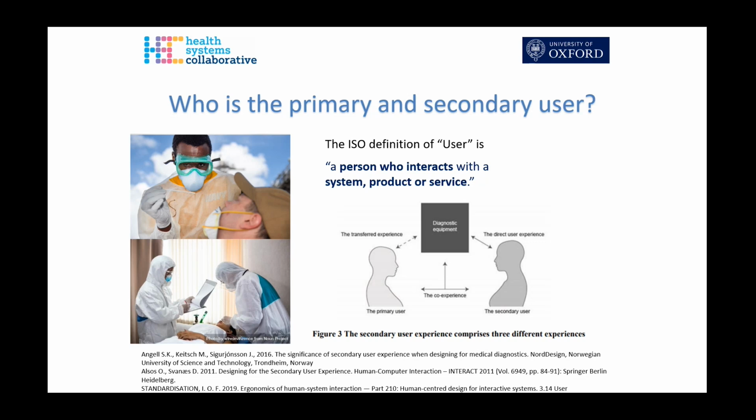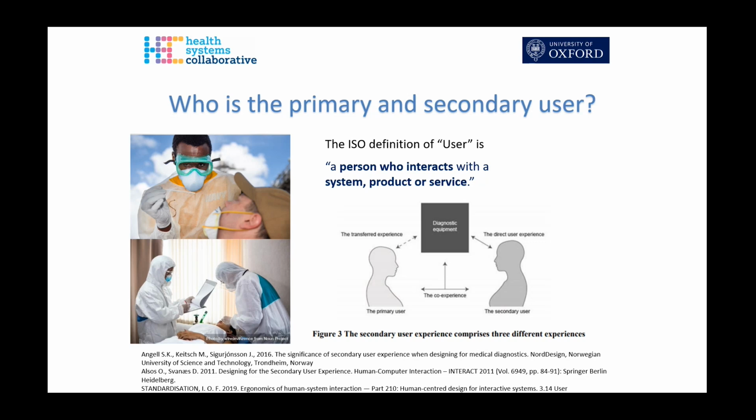Here the physician is the primary user as she uses the device, and the patient is the secondary user interacting with the physician while the physician makes entries. The term primary user describes someone who interacts with the system. So the primary user is in direct contact with the system interface, and therefore is usually most affected by it.